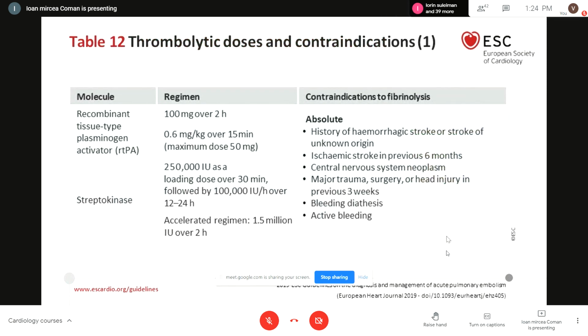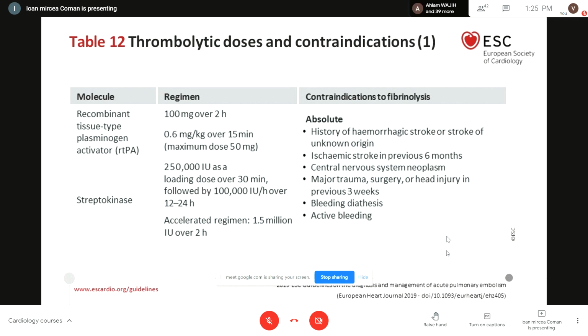Here is an overview of the dosage and contraindications of fibrinolysis, of thrombolytics, rt-PA, streptokinase, and so on and so forth. It's not important for you to have the dosage in mind.